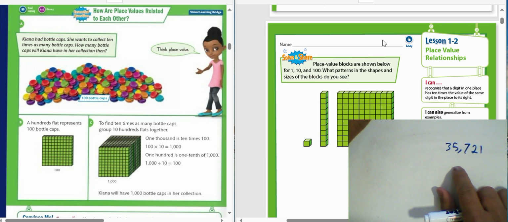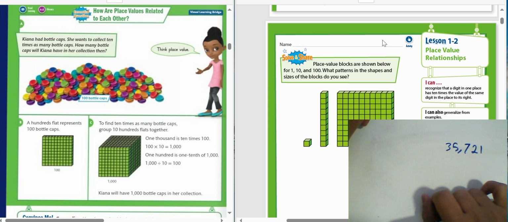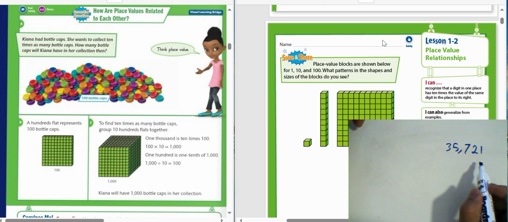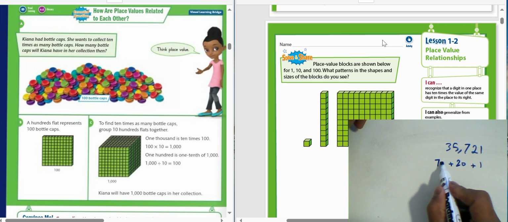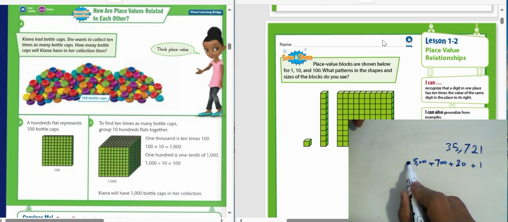This number is written in standard form. We can convert from standard form to expanded form by writing the value of all digits. 1 lies in the ones, then we write here 1. 2 lies in the tens, and 7 lies in the hundreds place, and 5 in the thousands, and 3 lies in the ten thousands.